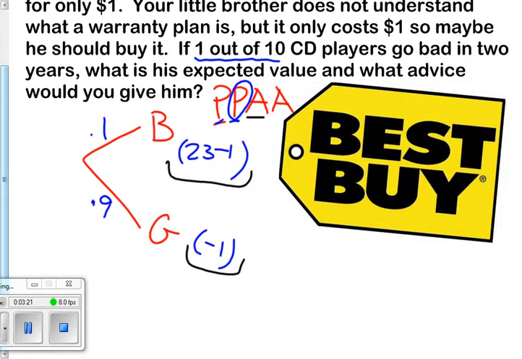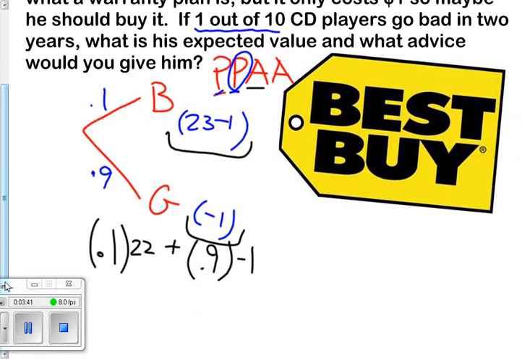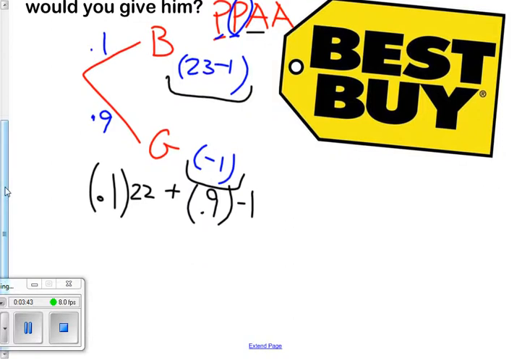Now we have to add them. So what we do is we take our probability, our 0.1, and multiply it by our amount, which is, in this case, 23 minus 1, or 22. And then we add that to 0.9 times -1. Can you get out your calculators and figure out what this comes out to equal? 0.1 times 22 plus 0.9 times -1.